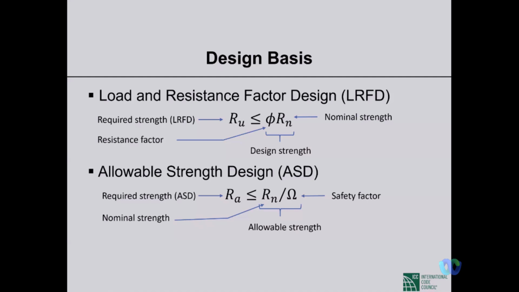And then for LRFD design, we multiply it with the resistance factor, with a reduction factor, kind of capacity reduction factor, resistance factor. And then we compare with the required strength, that is the strength needed from the point of view of load. Now, in the calculation of load in the LRFD method, we use another factor, which is load factor.